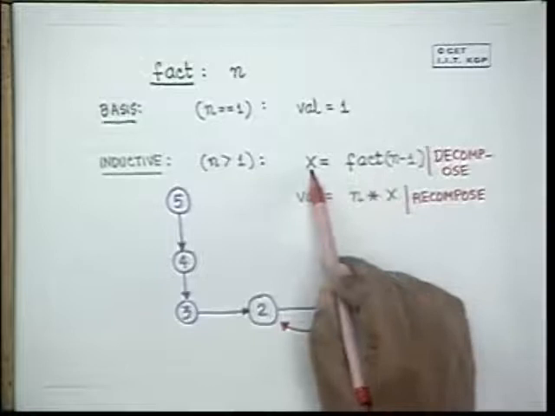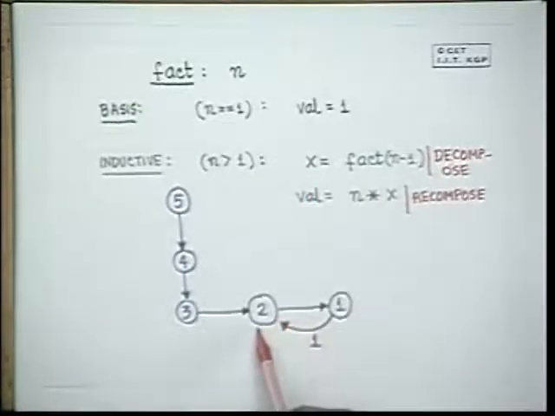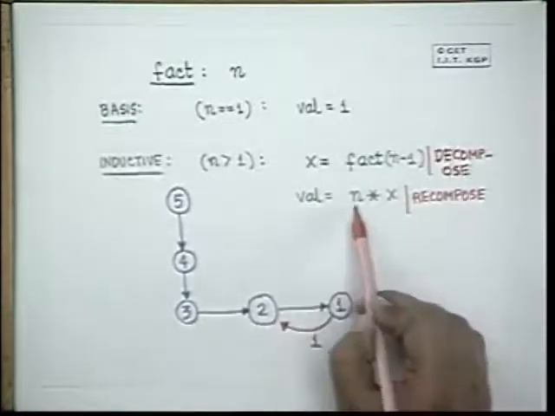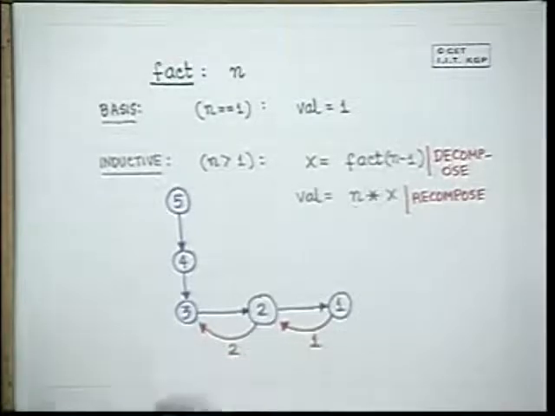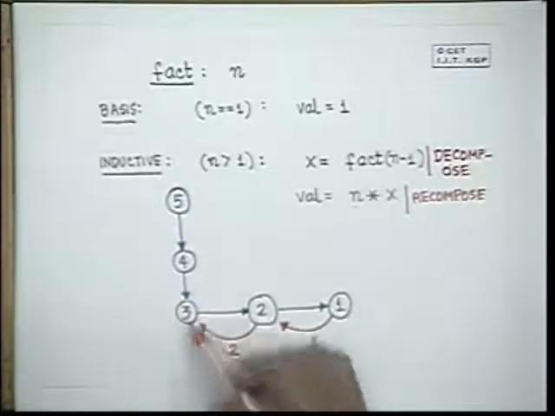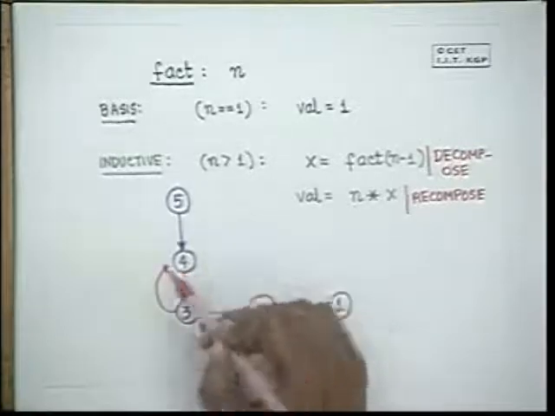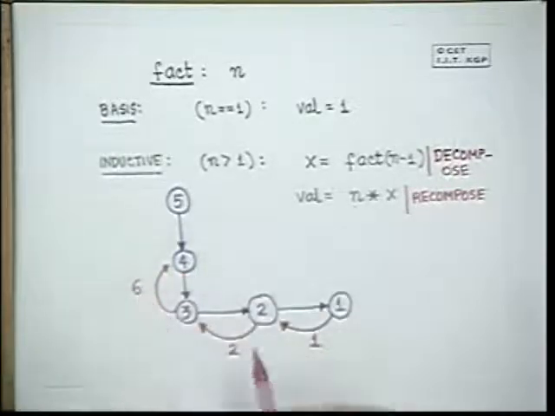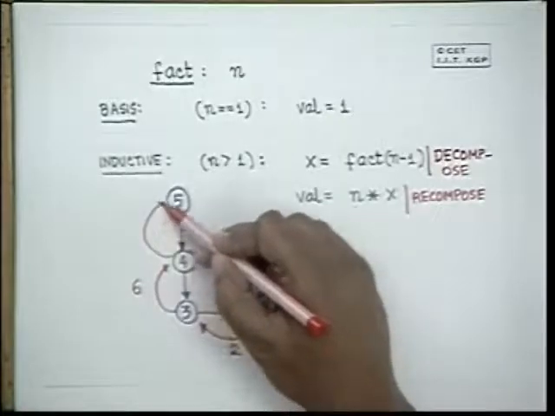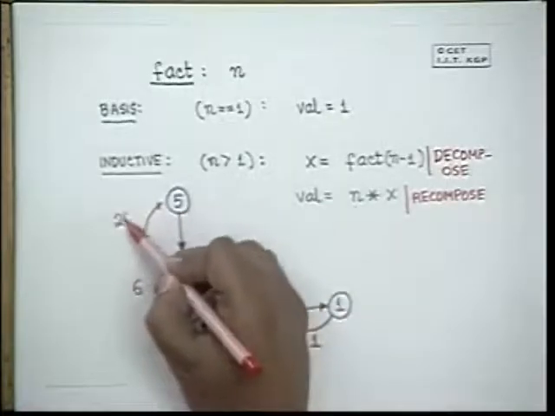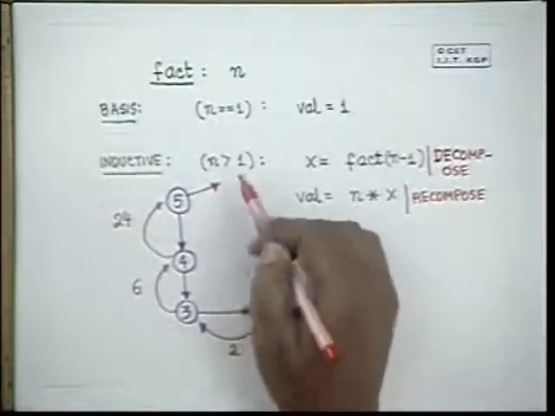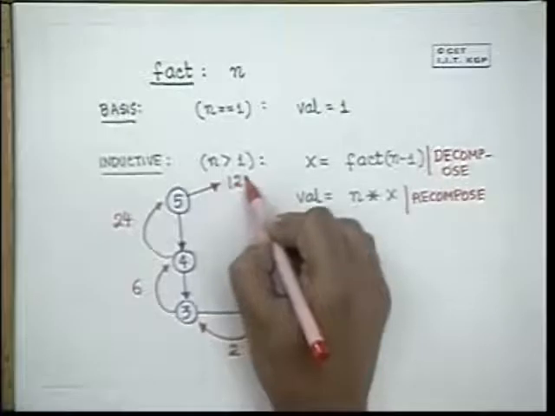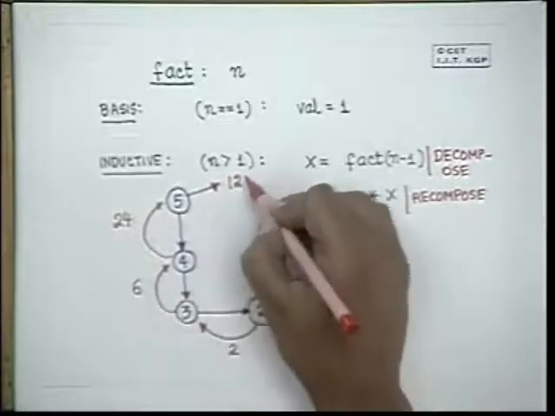That returns the value of x at 2, which does 2 into 1 and returns 2. This does 3 into 2 and returns 6. This returns 24 and this returns 120.